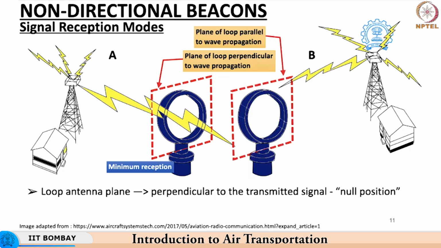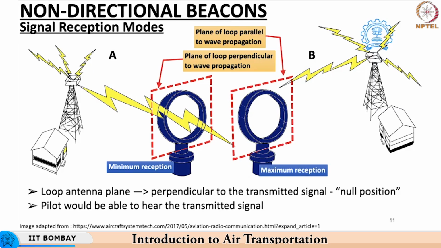In the second type of signal reception, the loop antenna would be aligned parallel to the incoming signal, and because of this orientation the signal reception would be maximum, and based on the orientation of the loop antenna, the pilot would be able to hear the transmitted signal and hence would be able to understand the relative bearing of the incoming signal.